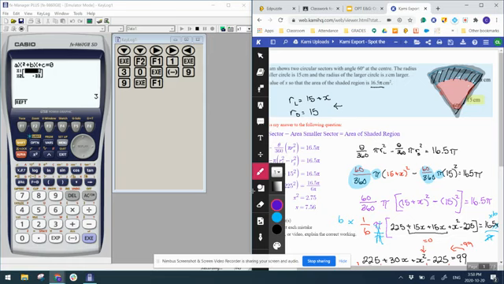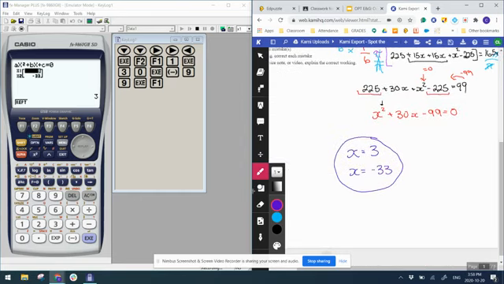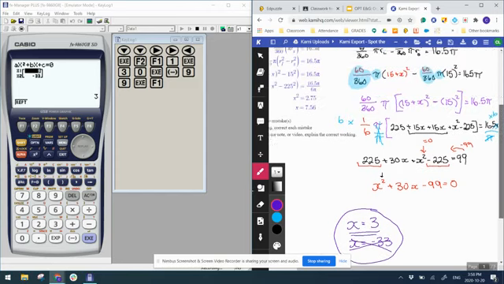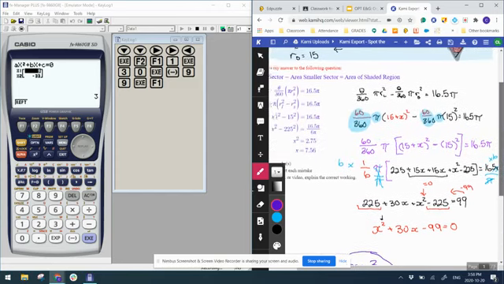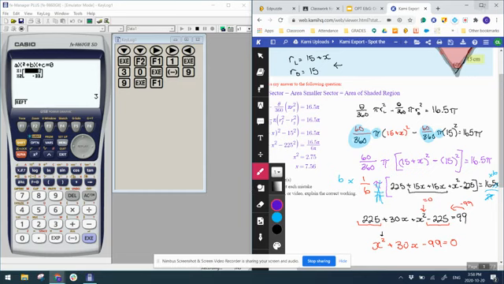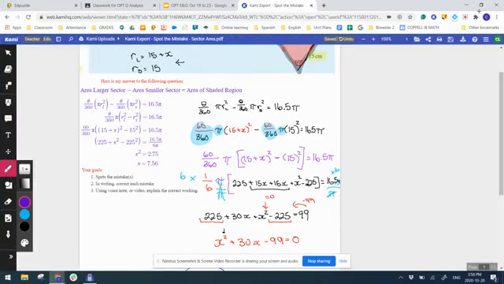Because negative 33 plus 15 is going to give me a negative answer. So the only one that really makes sense is x equals 3. So now I have an answer, so when I spot the mistakes, I can just go through and see what doesn't match what I did and what they did.